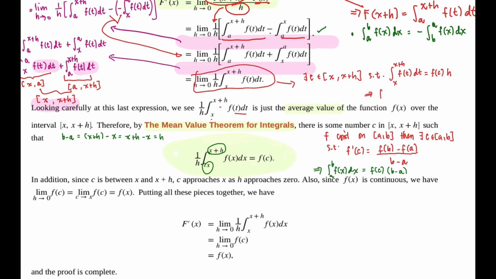Or f of c, you transpose h to the other side, you'll have 1 over h times the integral from x to x plus h of f of t dt.